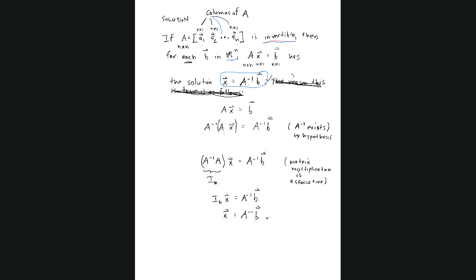So the key here is that if A is invertible, then the system of equations, Ax equals B, has the solution set X equals A inverse times B. Can we rewrite this matrix equation, Ax equals B, another way?